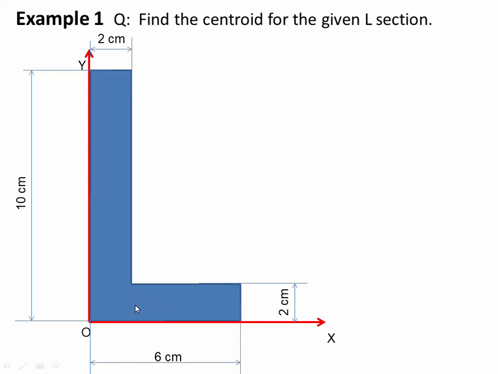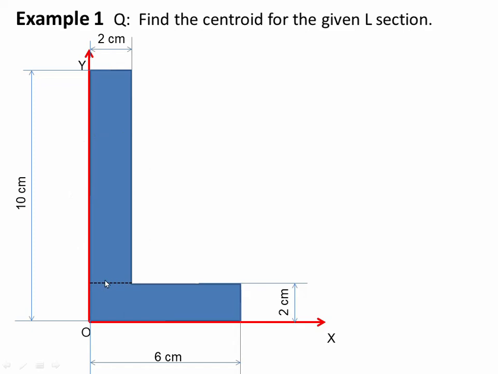You can divide like this. You can put a dotted line here so that this will be a big rectangle and this will be a small rectangle. Or else you can go for another choice. Like this, you can draw a line here and divide this one as a bigger rectangle and this one as another rectangle.